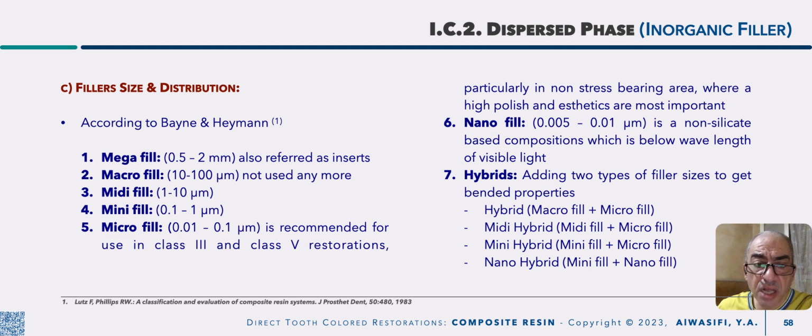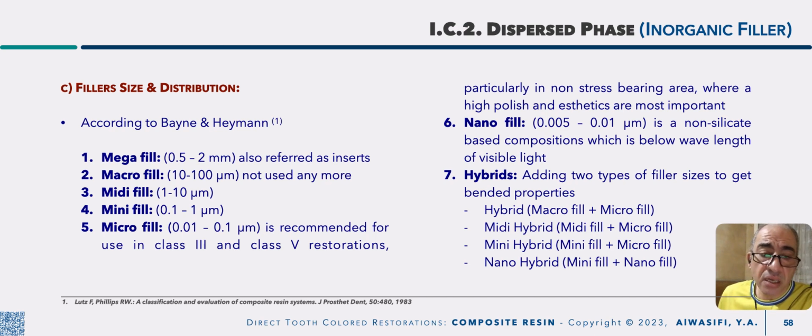Then comes nanofill composite, which ranges between 0.005 and 0.1 micron, of non-silicate based compositions, which are below the wavelengths of visible light. That's why it has improved translucency and shade matching.